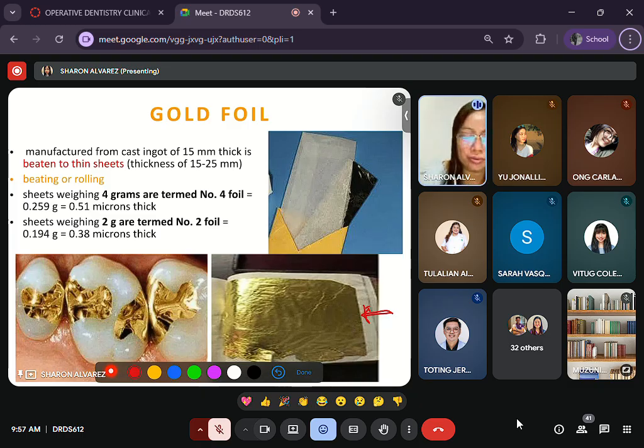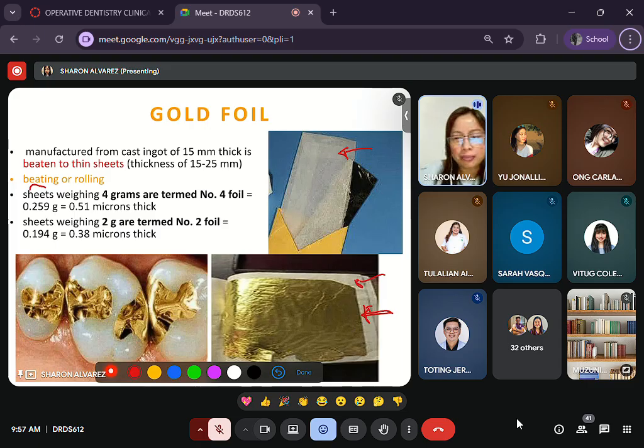Sometimes they use gold foil that comes in something like a booklet wherein the very, very thin sheets of gold are separated by these papers. So gold foil is manufactured by beating or hammering the gold.